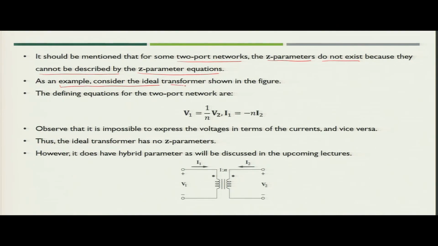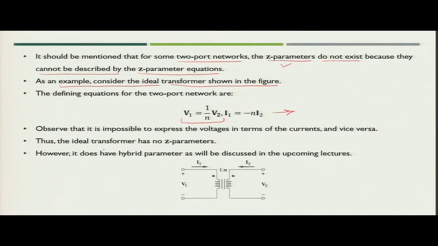If you consider an ideal transformer, as in the figure below, it is an ideal transformer having turns ratio 1:n. So, what you can write? V1 is nothing but 1 by n of V2 and I1 is minus n of I2. Now, if you see these two equations, you cannot represent them in the form of Z parameter equations.